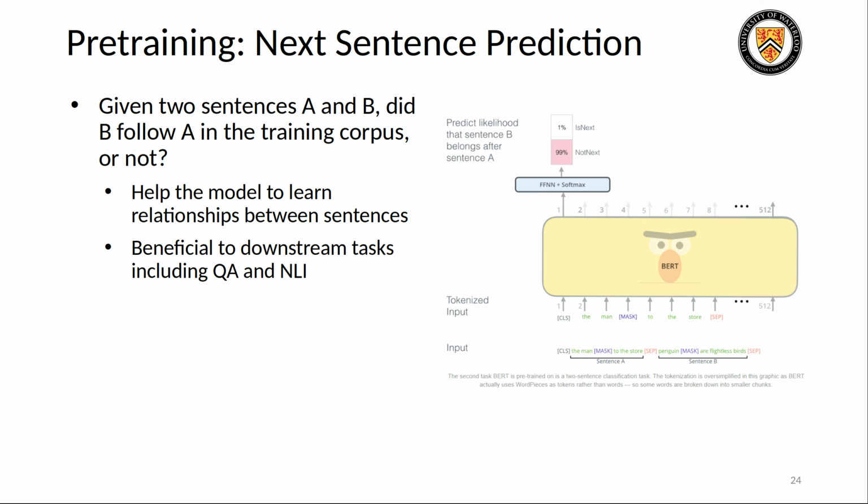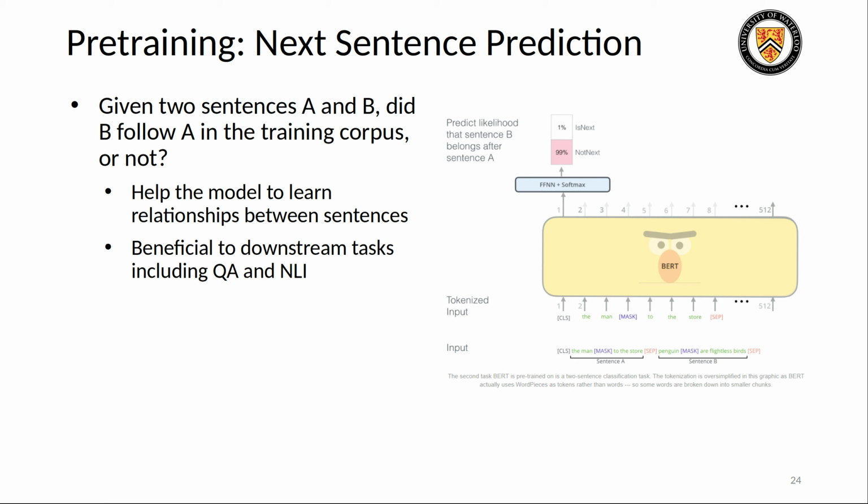In addition to masked language modeling, BERT also uses a next sentence prediction, NSP, objective during pre-training. In NSP, the model tries to predict whether a pair of sentences are consecutive in the original document or not.